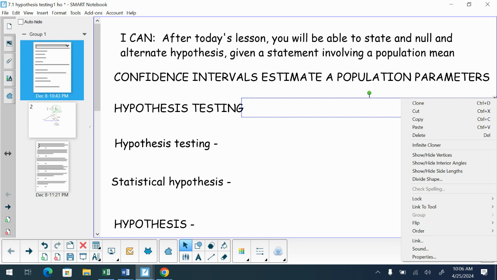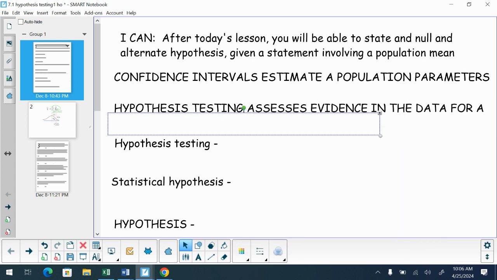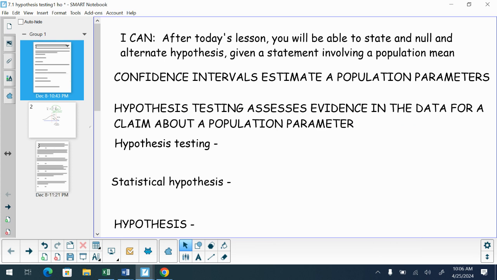When you talk about hypothesis testing, once again, this is the final step to statistical analysis. It assesses evidence in the data for a claim about a population parameter. We make a claim, and then we test it. Just like you do a lab experiment in chemistry, or physical science, or bio, whatever, you make a claim and you test it.